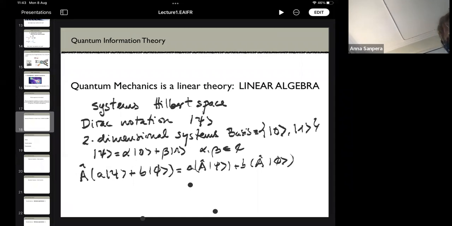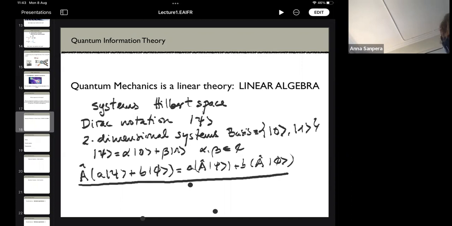This linearity is responsible for the fact that quantum systems cannot be cloned. There is no unitary operation that will fulfill such a cloning, and we understand it in a very simple way.